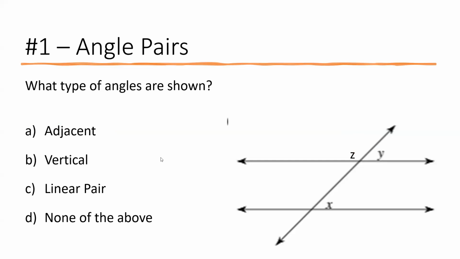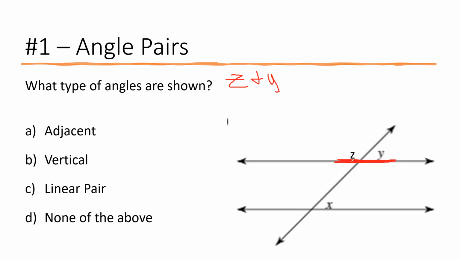All right, let's do one more identifying one like this, because you may see some questions like this where, again, there's lots of angles present. I did label 3 of them, so let's first figure out what the relationship is between Z and Y. Well, I notice that they're next to each other, and they create that straight line.